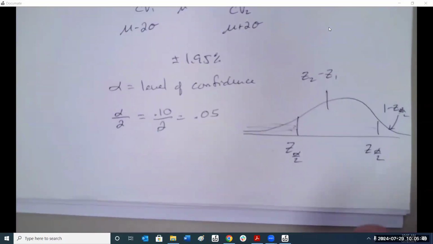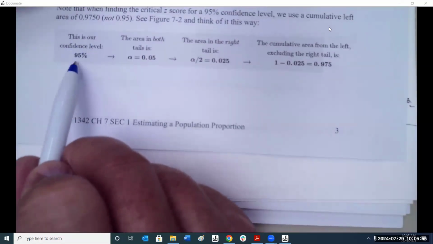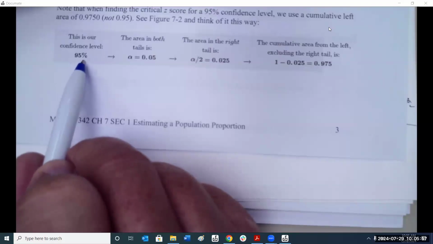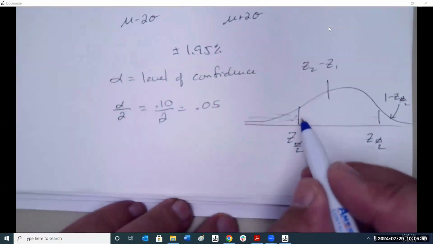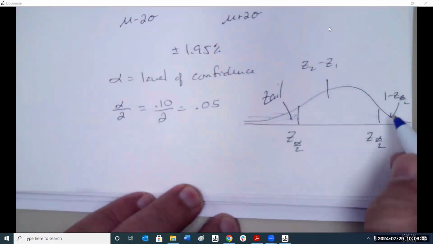And on the bottom of your page, just to show you, we have a 95% confidence interval. These are called tails.